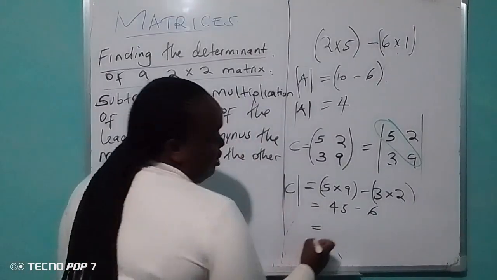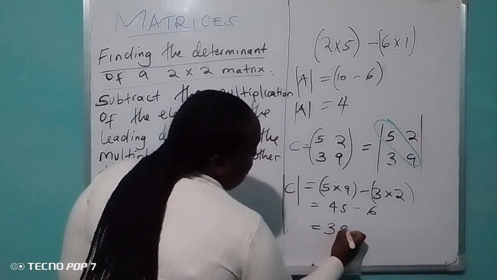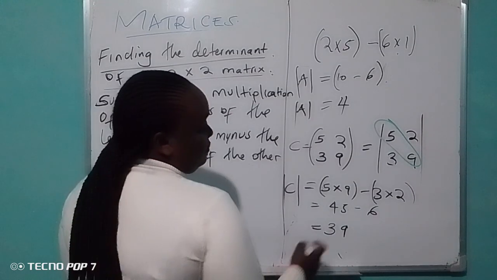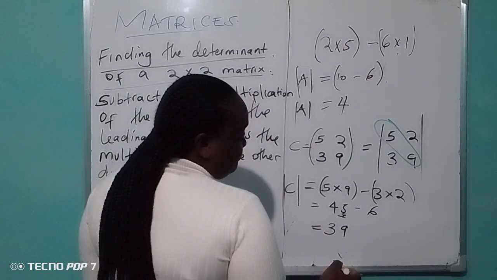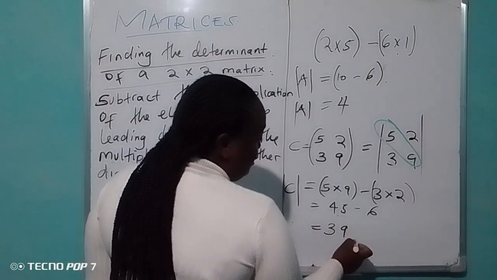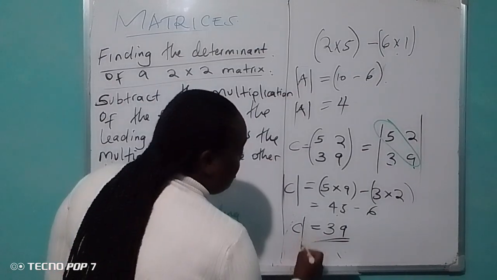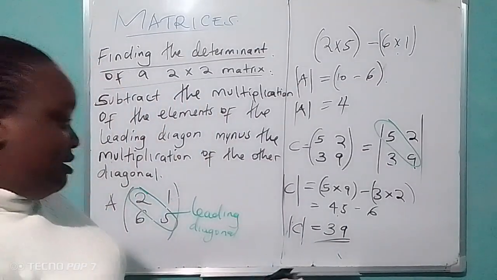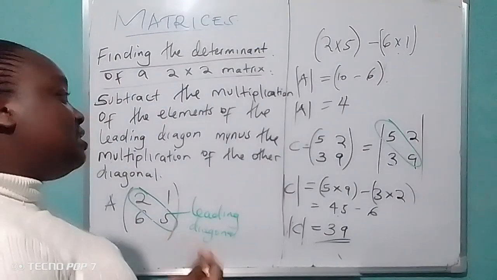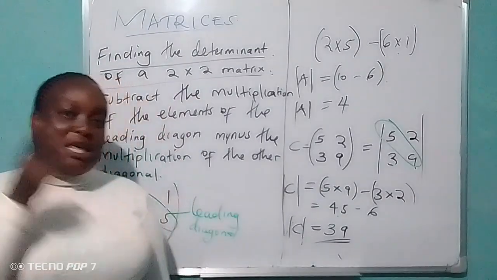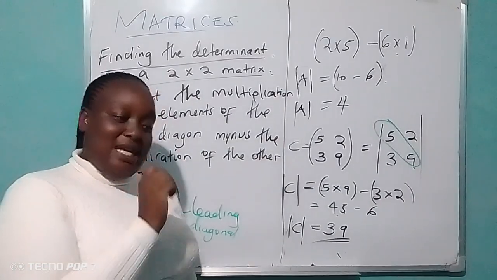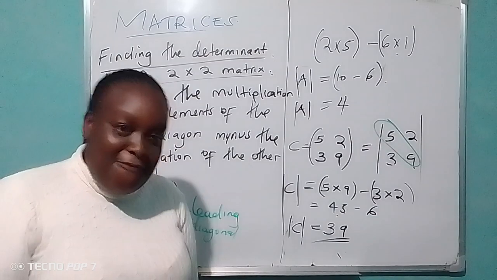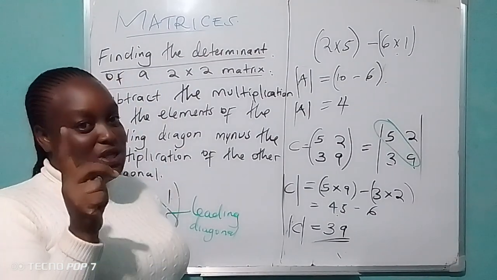So it's 45 minus 6, 39. Yeah, 39 is your determinant. Very, very simple. So, having found the determinant, we want to see how you'll find the inverse of a matrix.